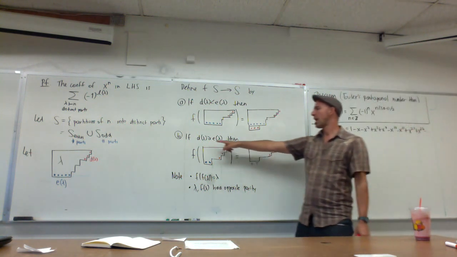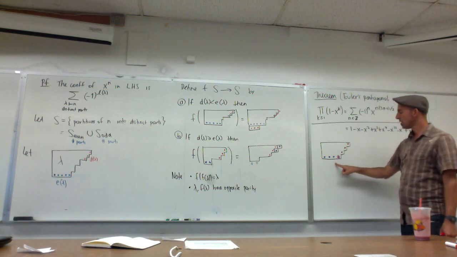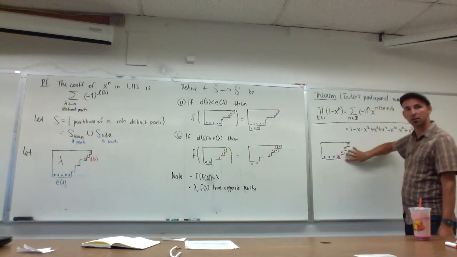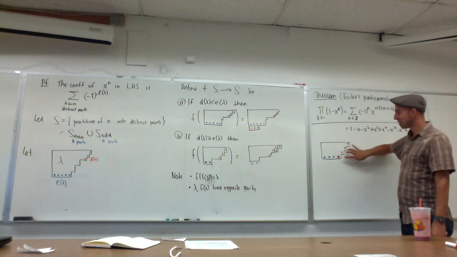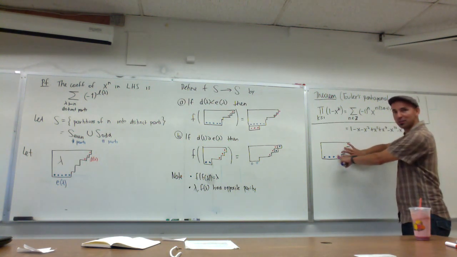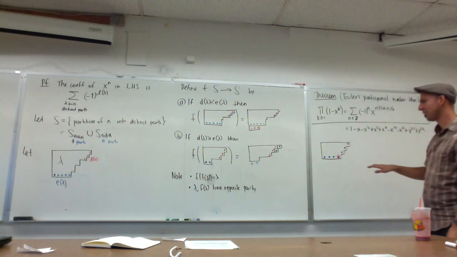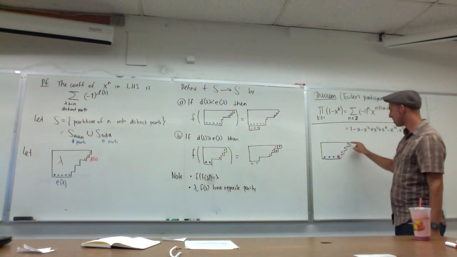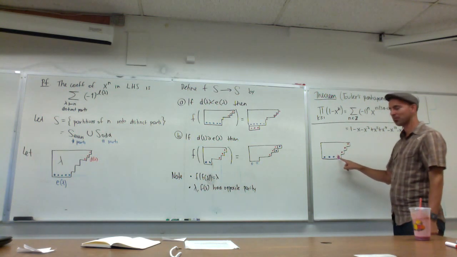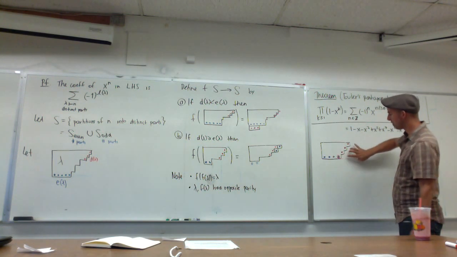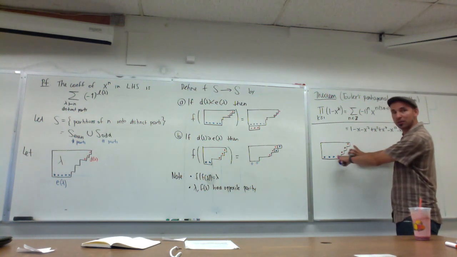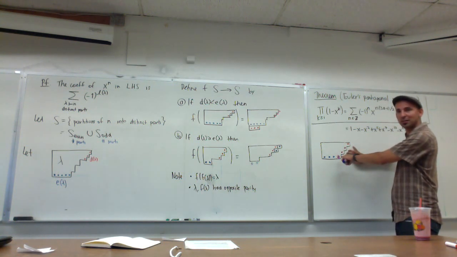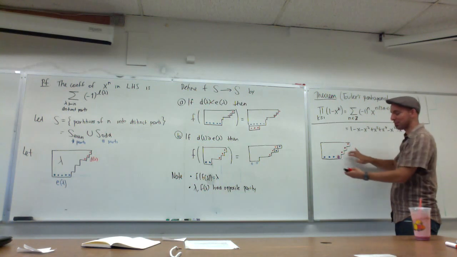We're in this case, so the diagonal is greater than or equal to this, and so what I'm supposed to do is take the diagonal and bring it down. Oh yeah, sorry. Because the diagonal is bigger than this, I'm supposed to take these 4 guys and put them over here. But the problem is that I cannot do that because I took the last point away. So I can't place it right there. Okay? So this is one case where the function is not defined.